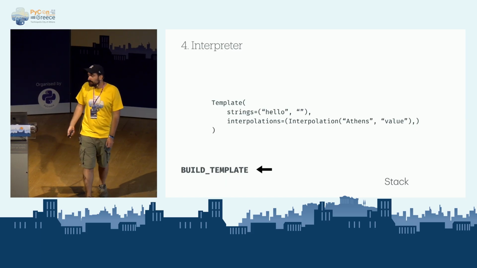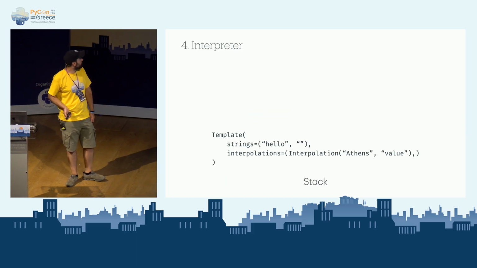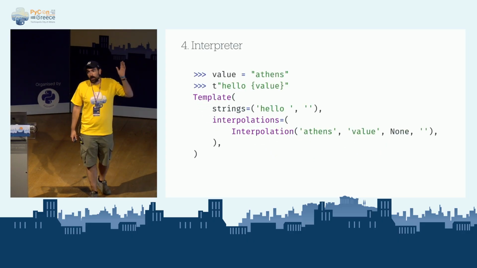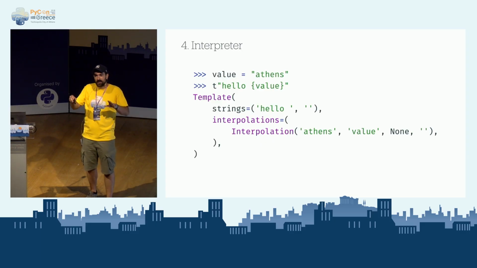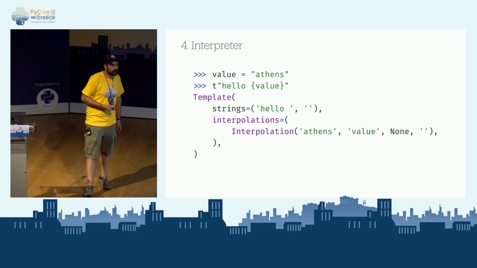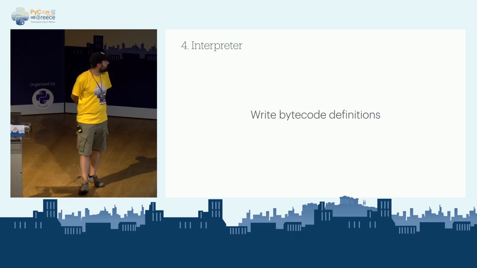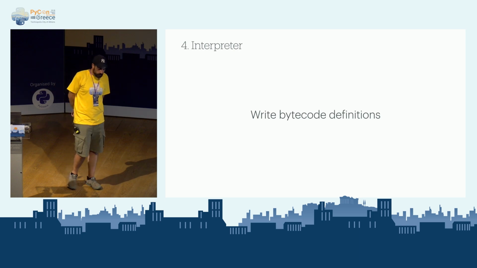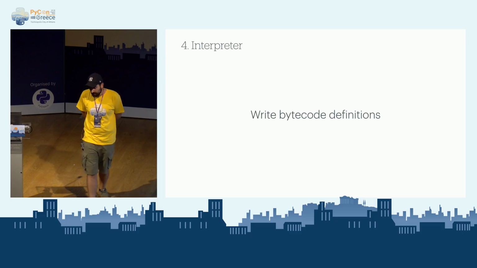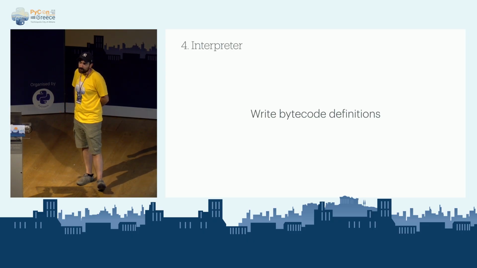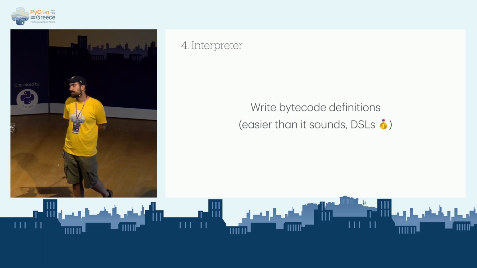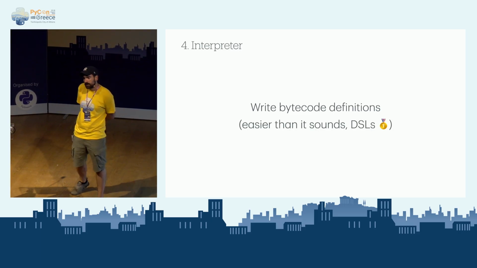So now, from the beginning, we've gone full circle. From the source code, we went to tokens, then we went to a tree, then we went to bytecode, and then that bytecode was evaluated to give us the final template type. Working on the interpreter is not easier by any means, but the thing that makes it a tiny bit easier is that it's a domain specific language.